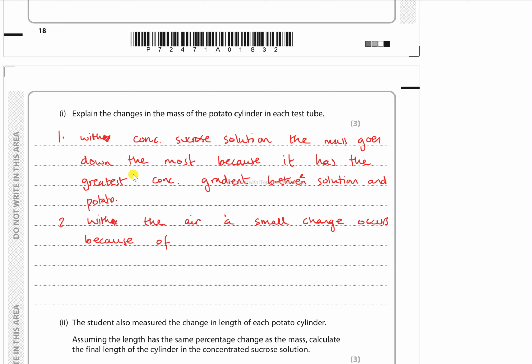Because of evaporation and not osmosis. I think it's evaporation. I suppose it's still osmosis. Okay, so yeah, it's evaporation, not osmosis. I've just checked that. Because osmosis would mean movement of liquid water.